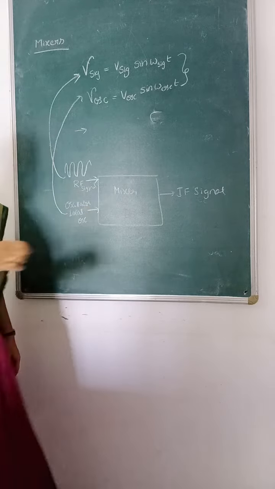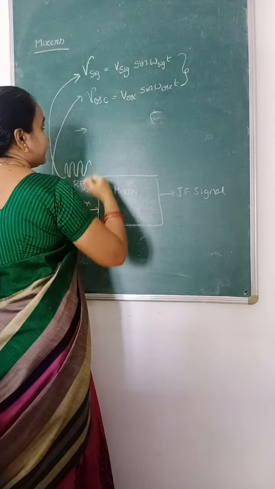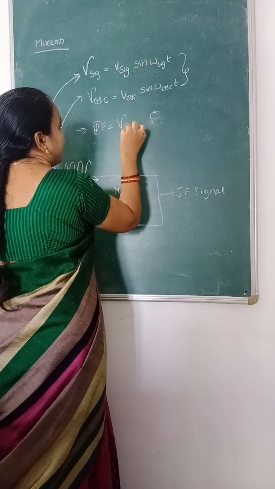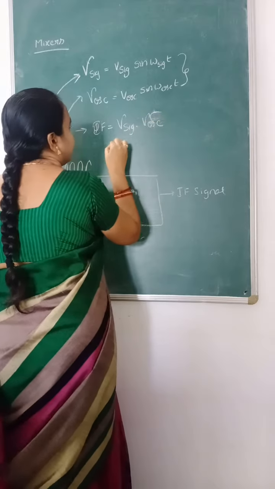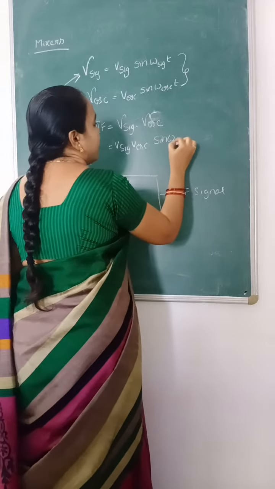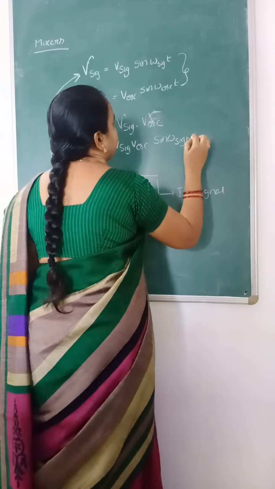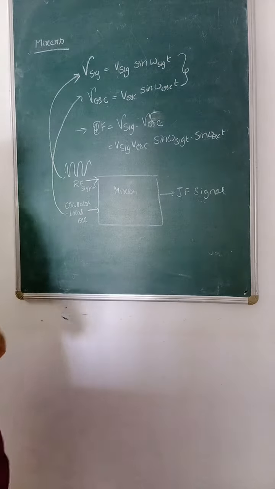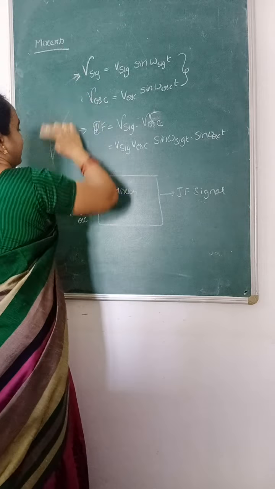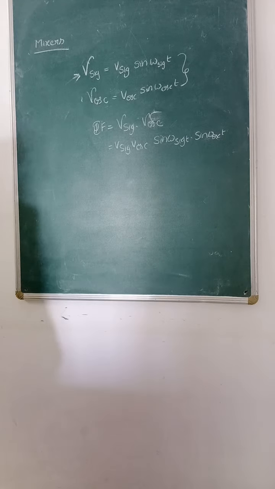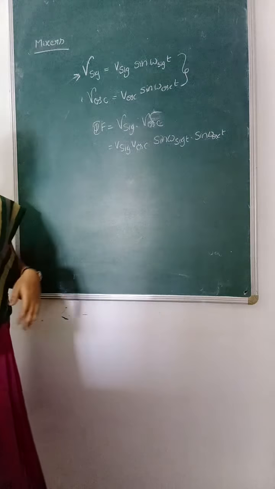The output signal, or the intermediate frequency signal, is the multiplication of these two: V signal into V oscillator multiplied by sine omega signal T, the radio wave signal, multiplied by sine omega oscillator T. Here we have sin A and sin B. Sin A sin B is cos of A minus B by 2 minus cos of A plus B by 2.